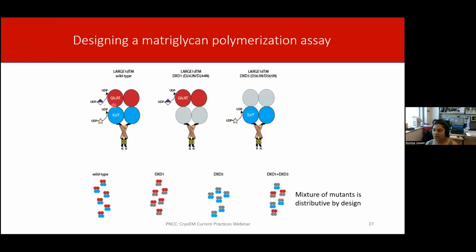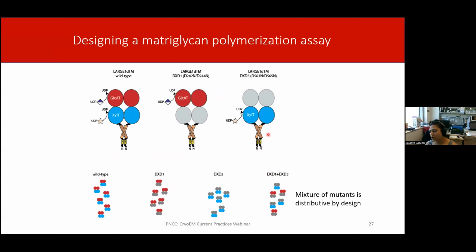Now, the other thing that LARGE1 allows us to do is to make active site mutants of LARGE1. Here, the xylose transferase site is mutated, and in this construct, the glucuronic acid transferase site is mutated. When you add these two together, we can still polymerize matriglycan, but in a purely distributive manner.